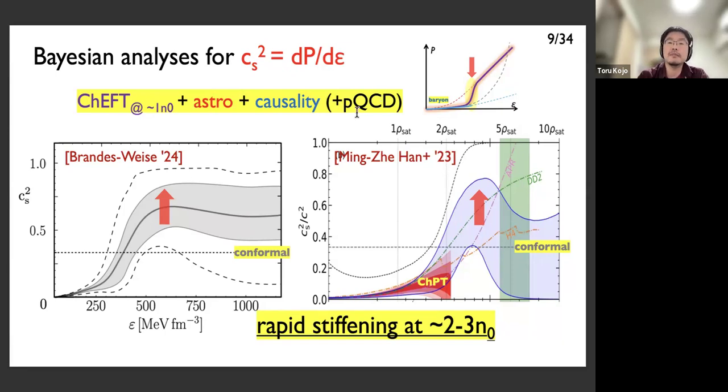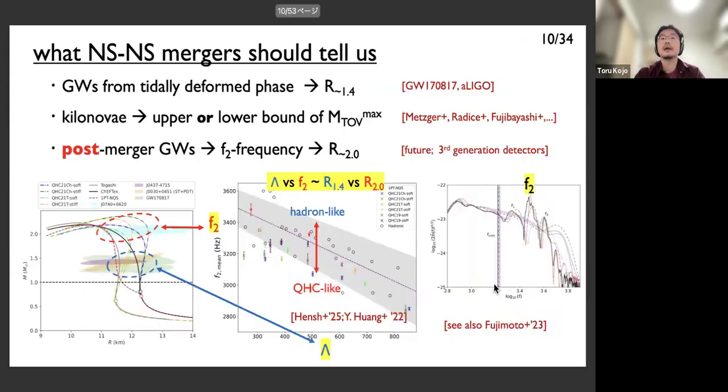Putting them together, the typical trend is a rapid stiffening somewhere around 2 to 3 times nuclear saturation density. But NICER's observations still have systematic errors, and we are looking forward to news from the neutron star merger community on high-mass neutron stars.